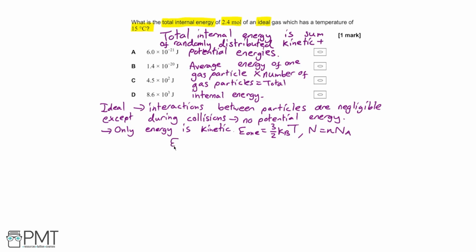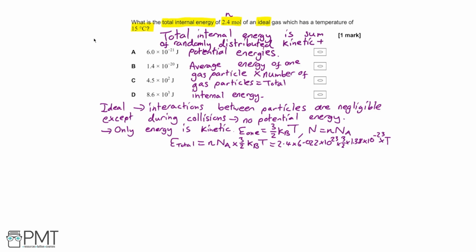Therefore, we can say that the total energy, or the internal energy, is given by n, little n, times N_A, Avogadro's number, 6.022 times 10 to the 23, times 3/2 times kB, Boltzmann's constant, times T. So substituting in numbers, we have 2.4 times 6.022 times 10 to the 23 times 3 over 2 times 1.38 times 10 to the minus 23 times the temperature.